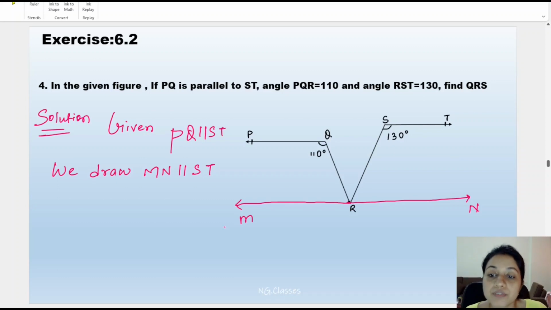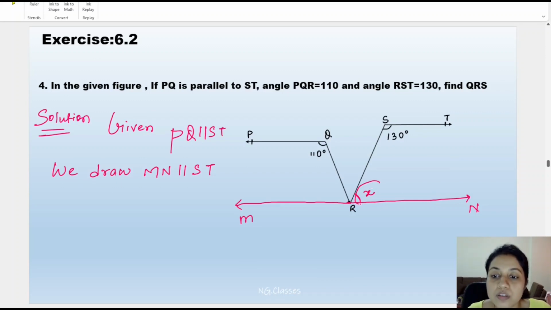Now here, if MN is parallel to ST, then we can also say that RN is parallel to ST, right? And SR works as a transversal. Can you see it? So can we say the sum of interior angles, that means, let's say this is angle X. So angle X plus angle S, or angle RST, is equal to 180 degrees.